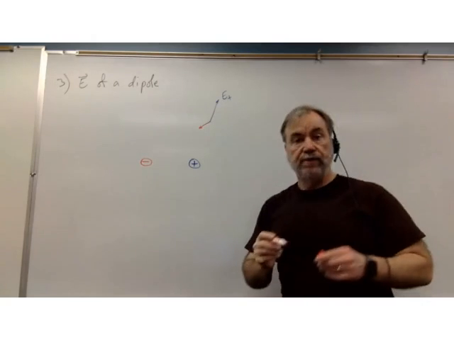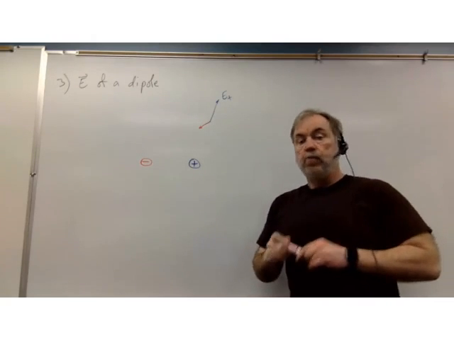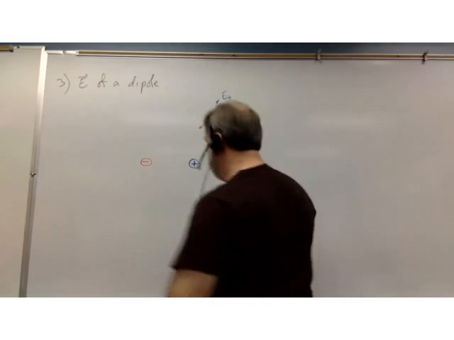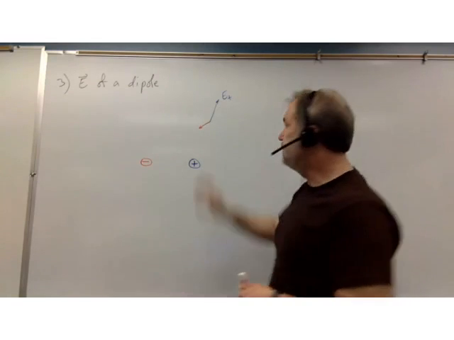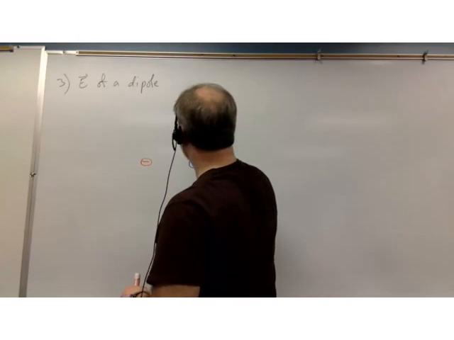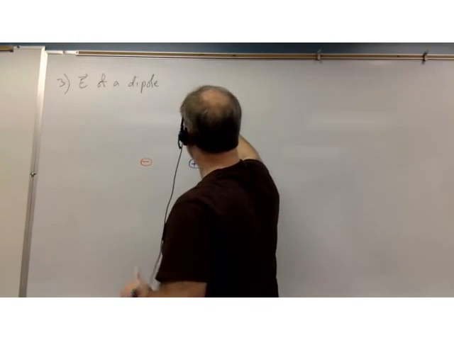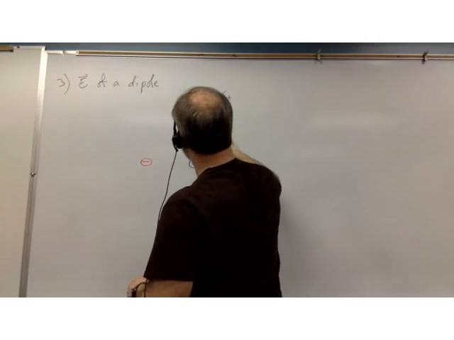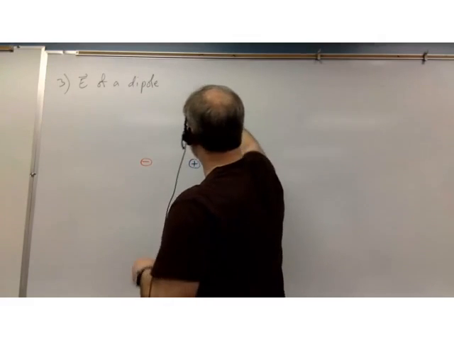And so now the vector at that point is the superposition of these two. Remember from early days of 114, I'll do graphical addition of vectors, and I'll take this field vector, E minus, and move it tip to tail with the positive field.